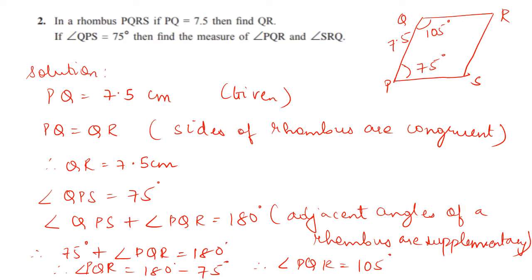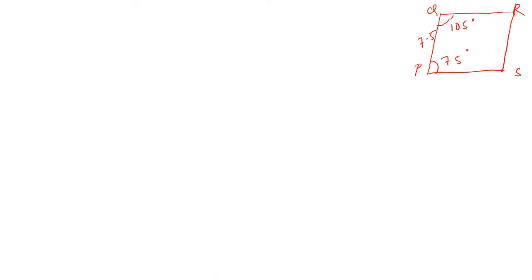Now we have to find out angle SRQ. I just now said that angle QPS is equal to angle SRQ. Why? Because they are opposite angles of the rhombus. So this is 75, this also would be 75 degrees. So angle SRQ is congruent to angle QPS.